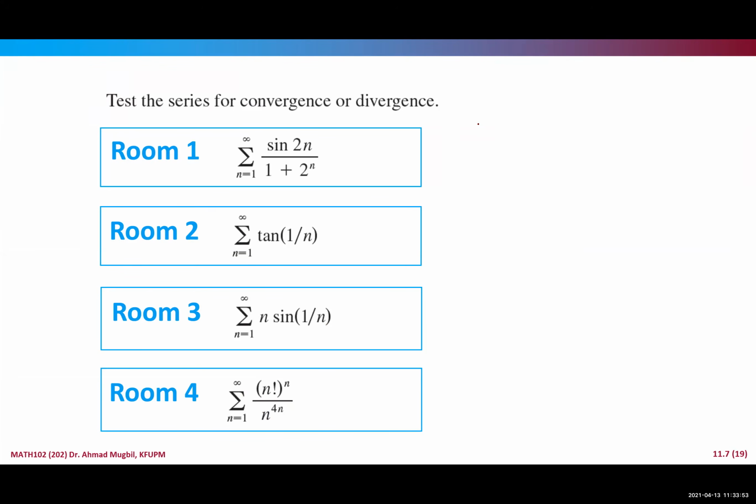If you are in room number 1, take a photo of this and solve question number 1. If you are in room 2 or room 3, take a screenshot of this. When you come back, I will ask you if it is convergent or divergent, absolutely or conditionally convergent, which test you used, what you compared with, and so on.